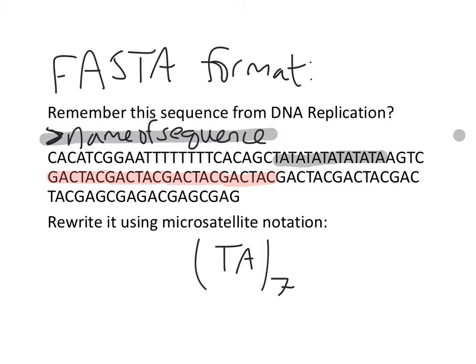But maybe I accidentally copied and pasted or something. Because when I looked at this later, I realized that there were a lot of those GAC, TACs in a row. So how many are there?